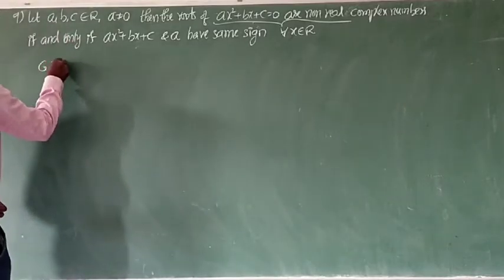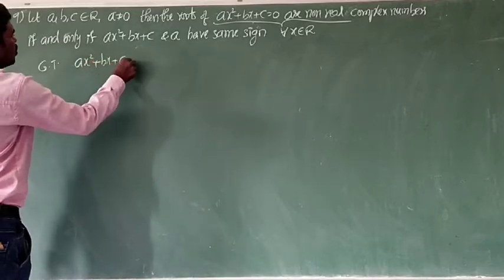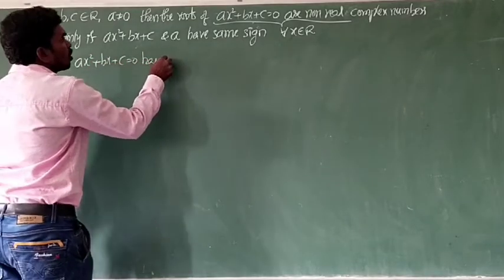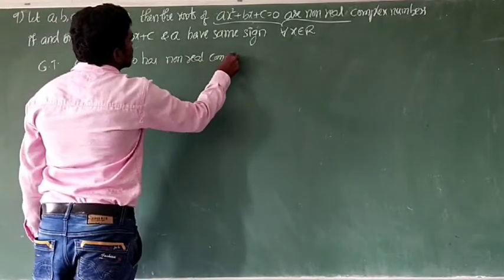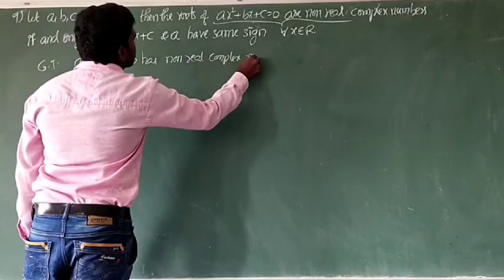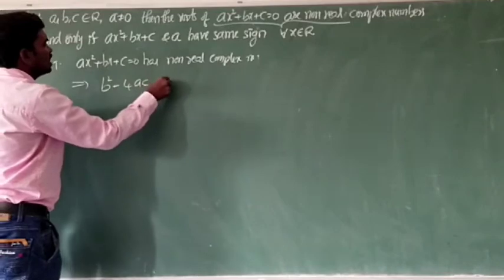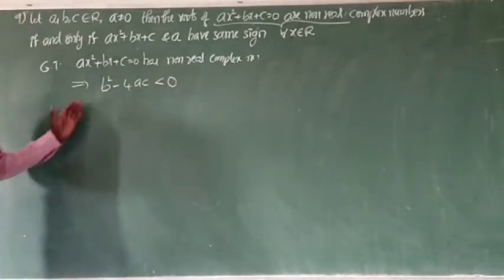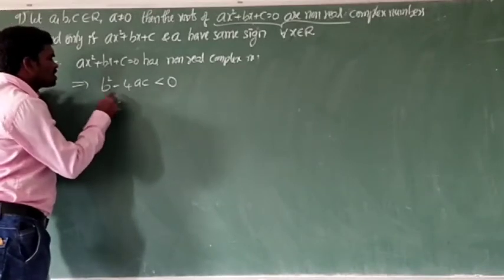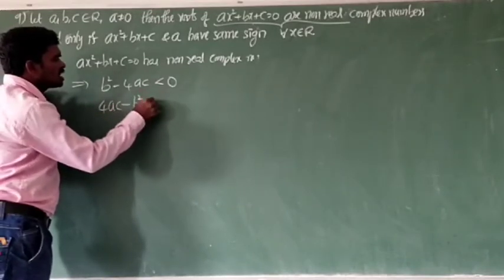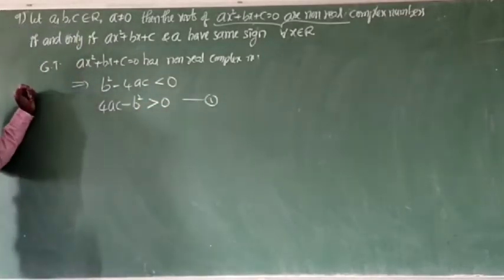So given that ax square plus bx plus c equal to 0 has non-real complex roots, that means b square minus 4ac less than 0. Okay? If you multiply with minus on both sides, minus 4ac becomes plus 4ac, plus b square becomes minus b square, and less than becomes greater than 0. Equation 1. Okay? This is the condition.